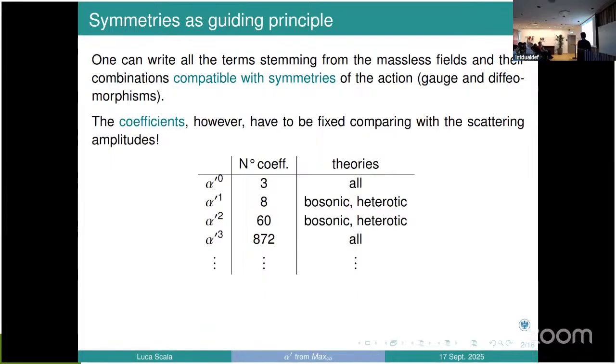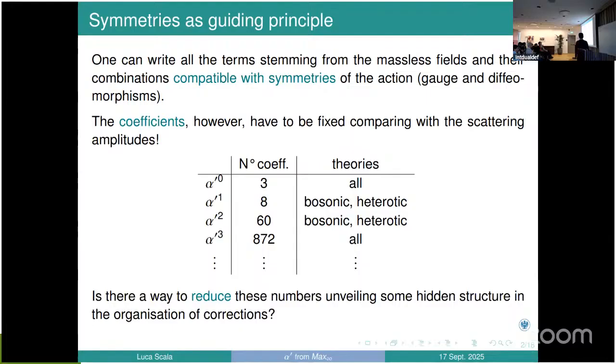Therefore, at some point, you have to match all these terms with calculations from string amplitudes in order to fix them. And you can see here that when you go higher in alpha prime, the number of corrections becomes unmanageable, and there is no apparent underlying structure to find. So it's a very complicated matter.